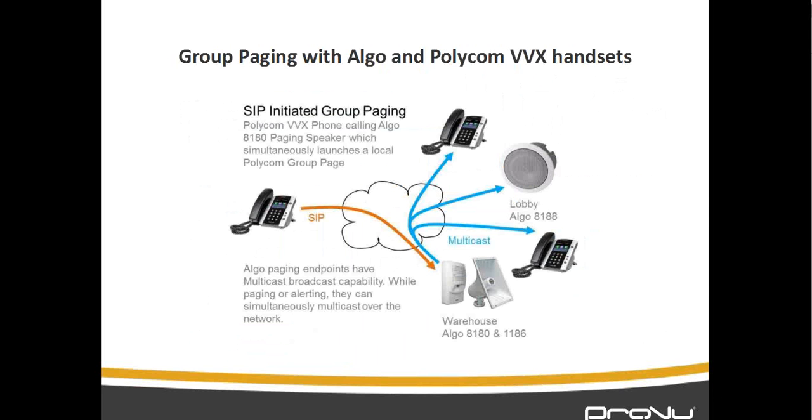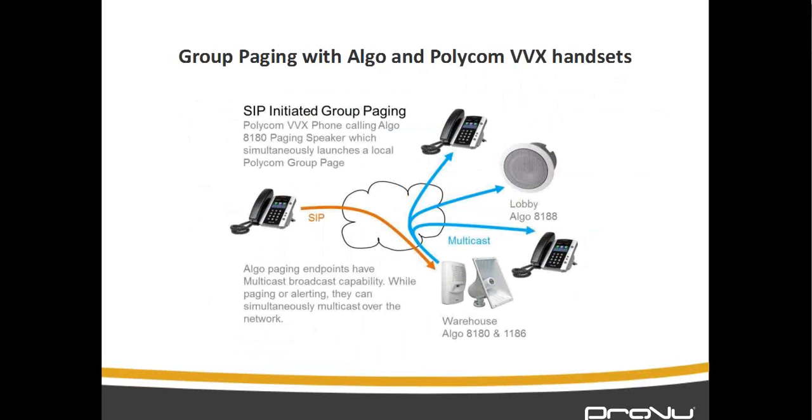So, group paging with Algo and Polycom VVX handsets. There are a couple of ways of achieving it. The picture you see here is quite straightforward. We have an Algo 8180 SIP speaker, and we have registered, for example, one extension on it from the PBX or hosted cloud.